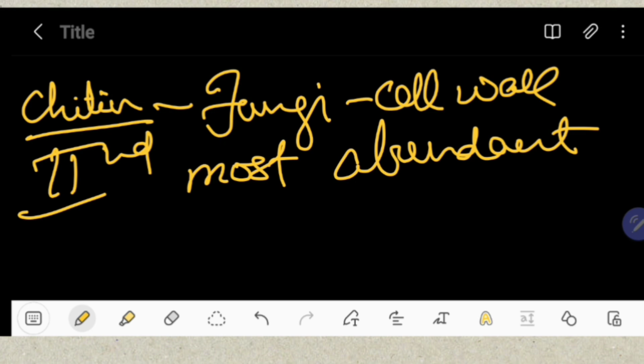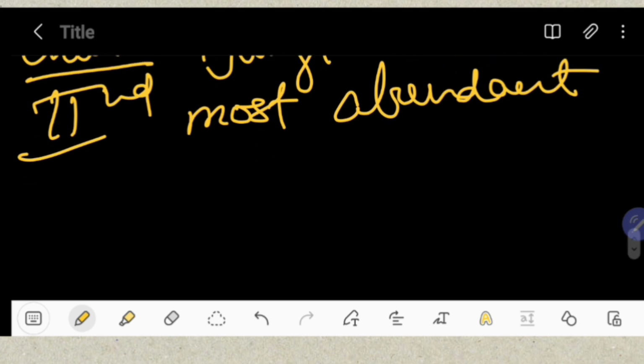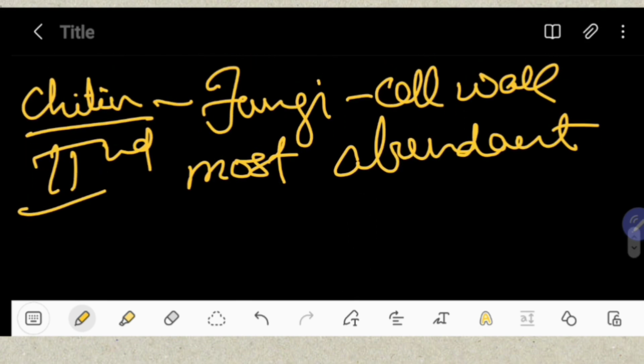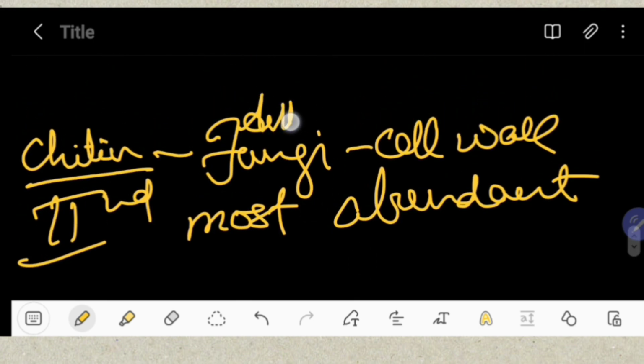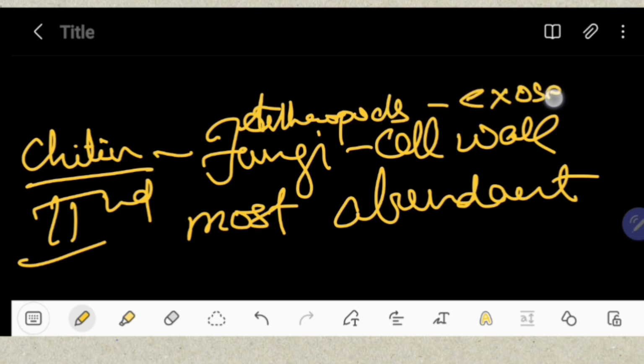Supporting means it is seen in the cell wall, which is a supporting structure in organisms. So chitin is also seen in the exoskeleton of arthropods and in the cell wall of fungus. It's the second most abundant polysaccharide.